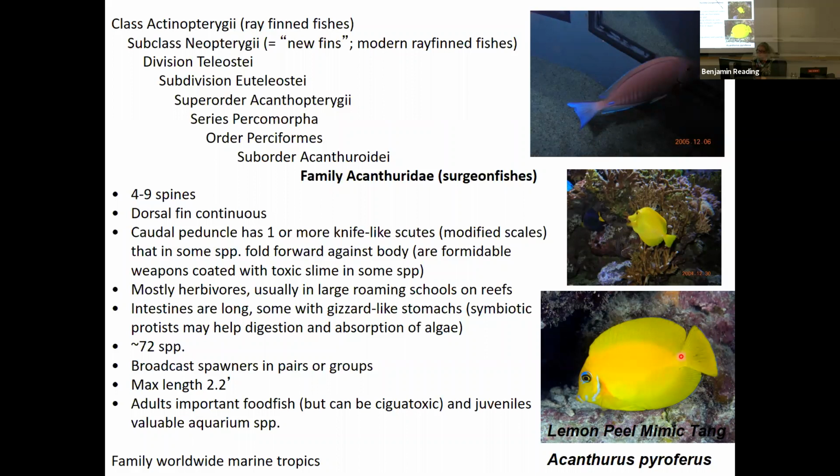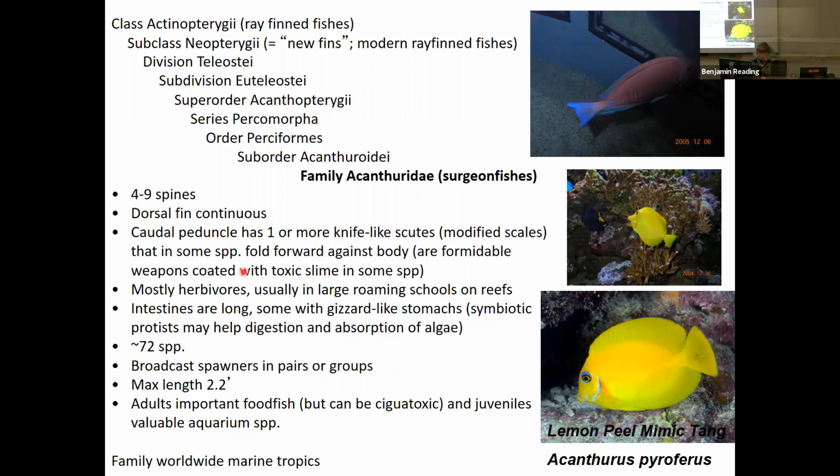It's characteristic. The caudal peduncle, you can see right here, has a scute on it, this hard bony plate. The caudal peduncle has 1 or more knife-like scutes, which is a modified scale. So here is another example of that scute.